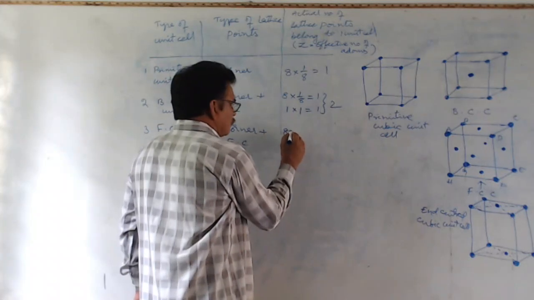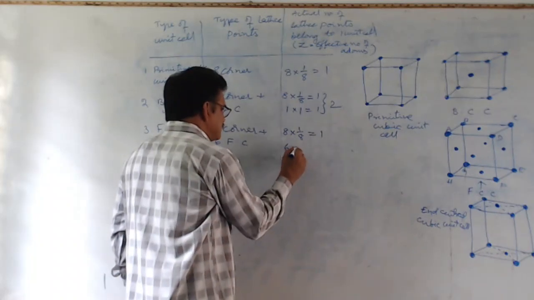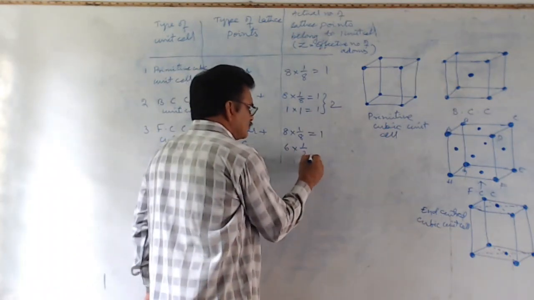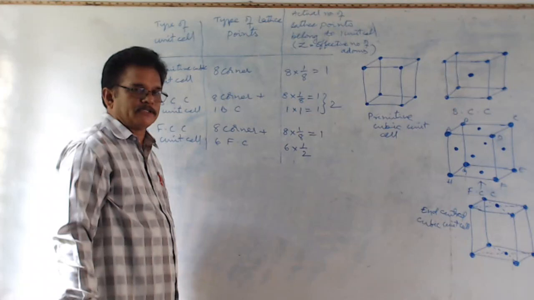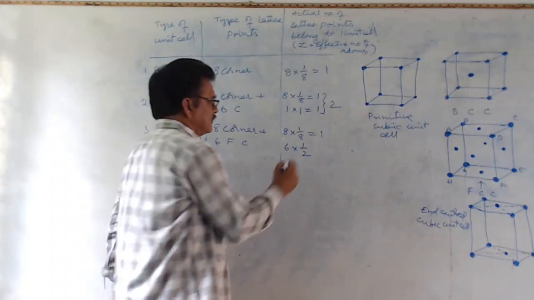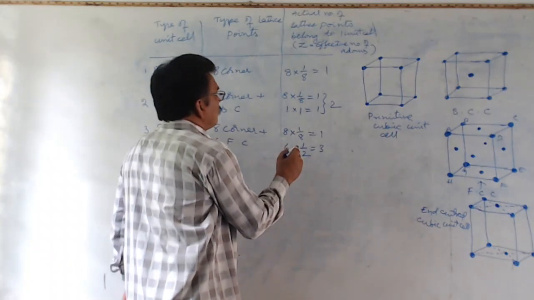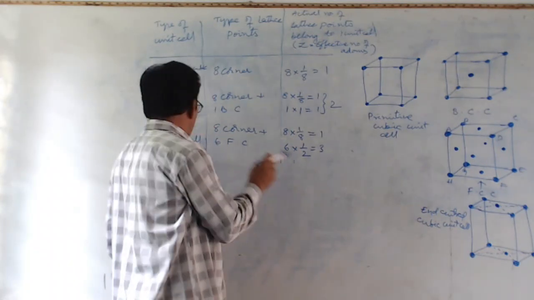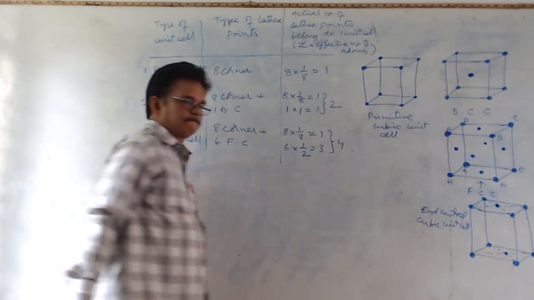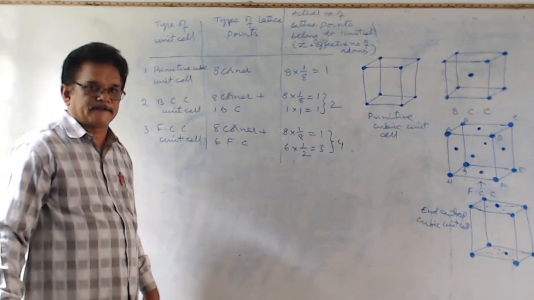The contribution of 8 corner points is 8 into 1 by 8, that is equal to 1. And the contribution of 6 face centered points to 1 unit cell is 6 into half, as a face centered point's contribution to each unit cell is half. 6 into half is 3. So the total number of lattice points that actually belong to one face centered cubic unit cell is 4. Okay, the Z value is 4 for the face centered cubic unit cell.